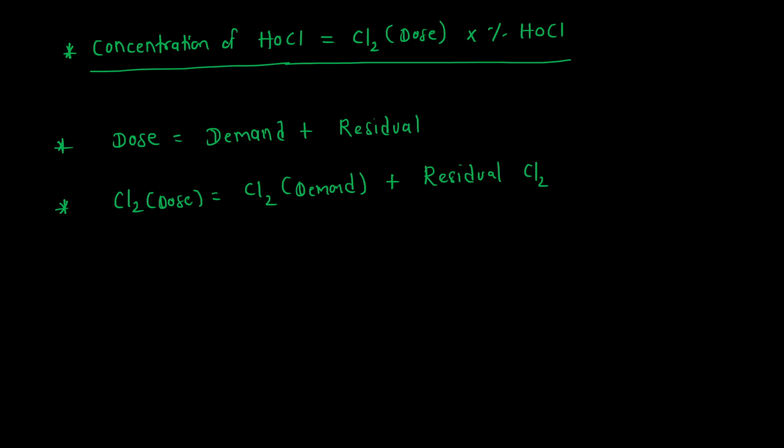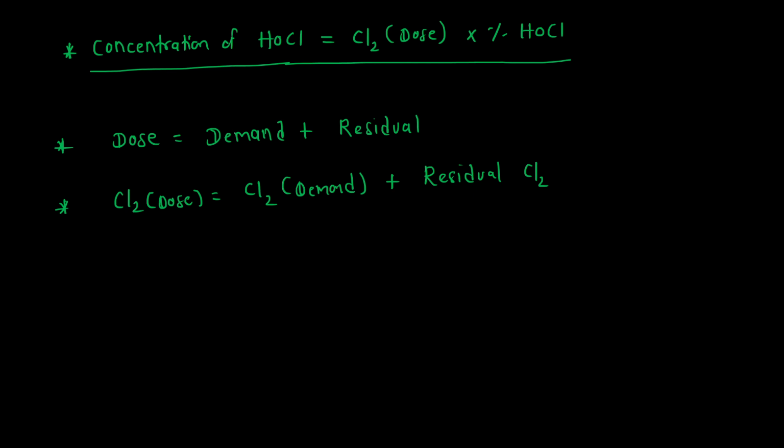After that it reacts with ammonia, and after these two processes, at the last it reacts with the microorganisms and destroys them. In this process, there is a certain amount of chlorine that is consumed. That amount of chlorine consumed in these three processes is called chlorine demand.